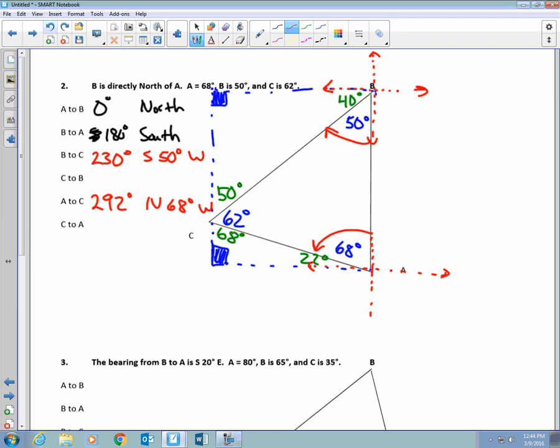Now I'll station myself at C. Describe the travel to get from C to B. How many degrees east of north do you turn? 50 degrees past 0? 50. Direction of travel to get from C to A? South, east.